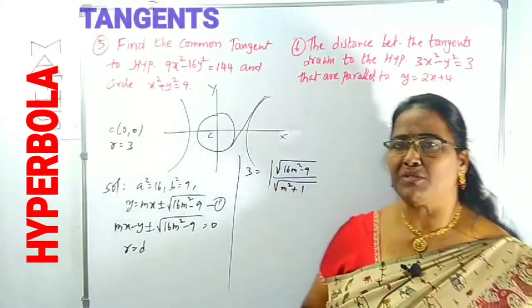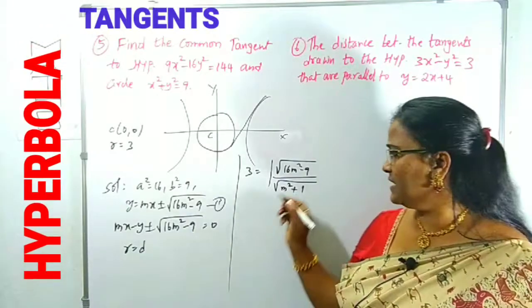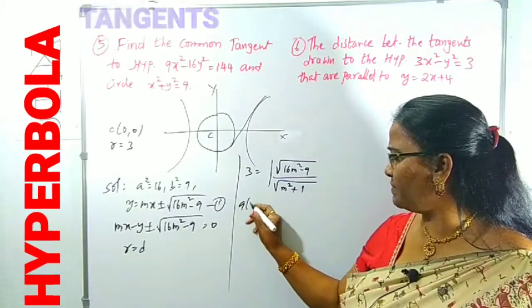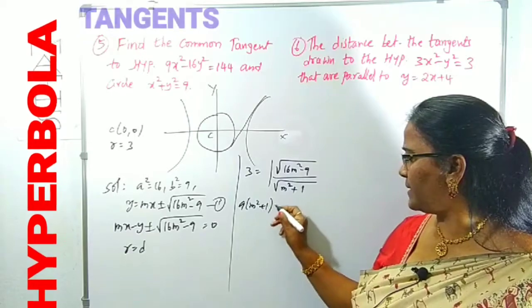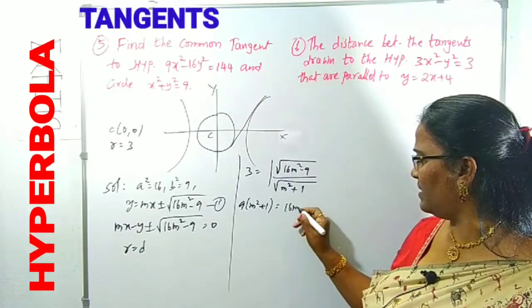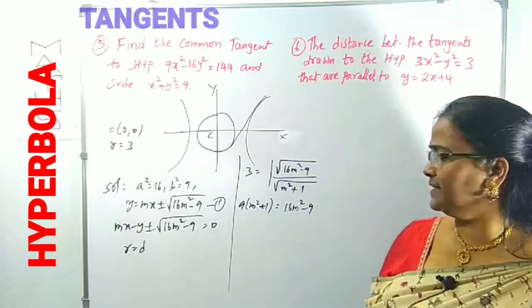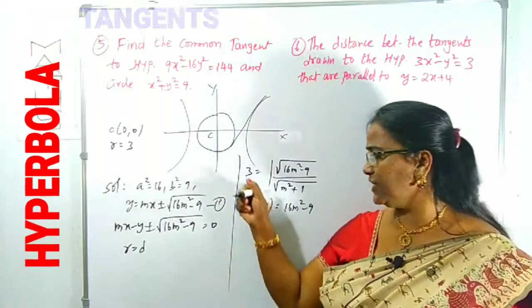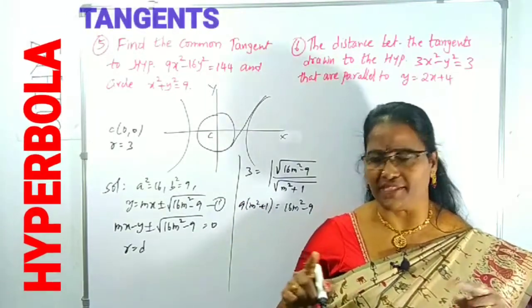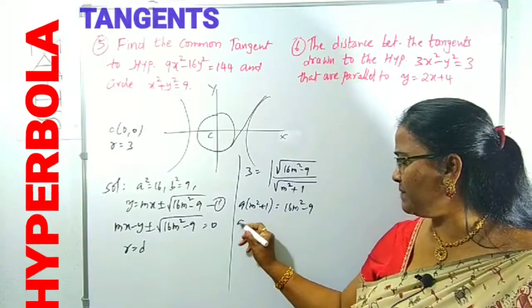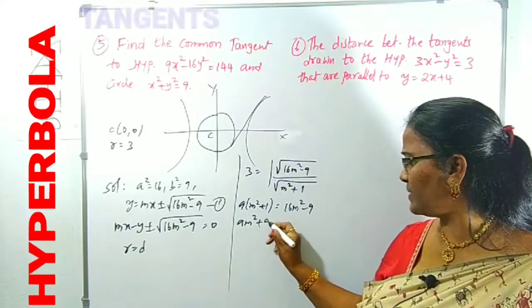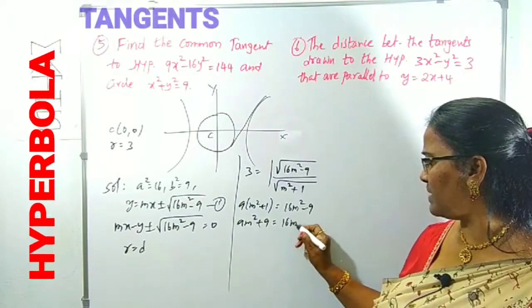By cross multiplication and squaring on both sides, I can expand it. This will be 9 of m square plus 1 is equal to 16m square minus 9. Now it will be 9m square plus 9 equal to 16m square minus 9. Clear?